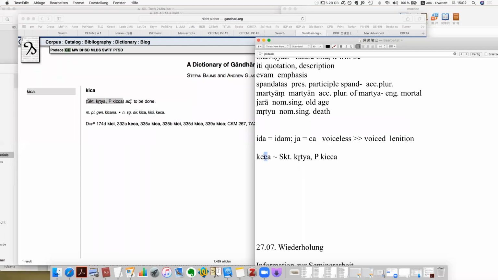And pay attention, in Gāndhārī, double gemination or double consonant is simplified.